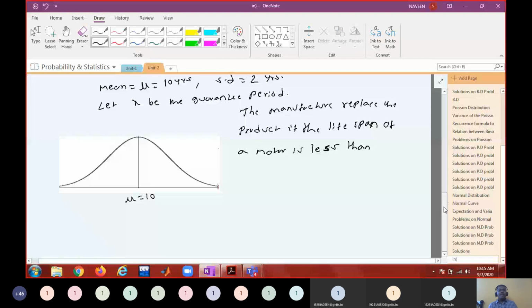If the lifespan ends before the warranty period. 10 is the mean. X is the guarantee period, no? So when the motor lifespan is less than this guarantee period, then the manufacturer has to replace the product, right? So the manufacturer replaces the product if the lifespan of a motor is less than x years, which we don't know. Is that clear?